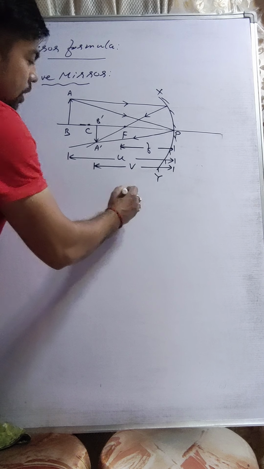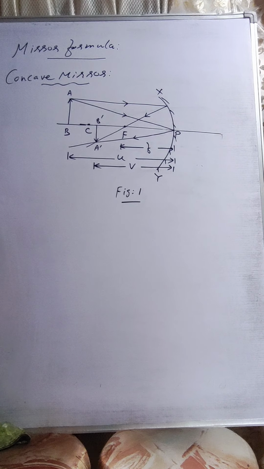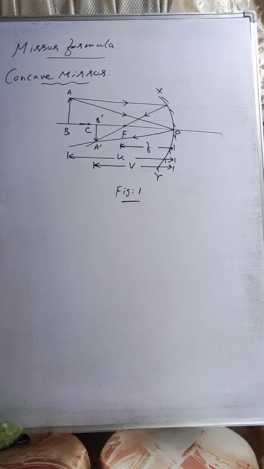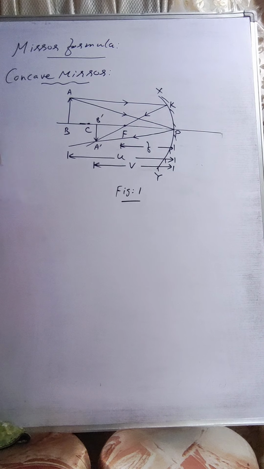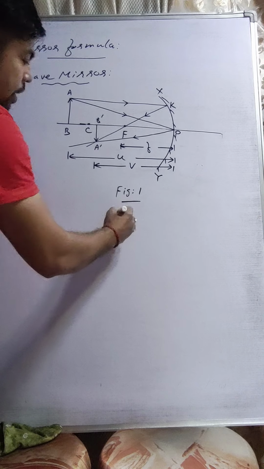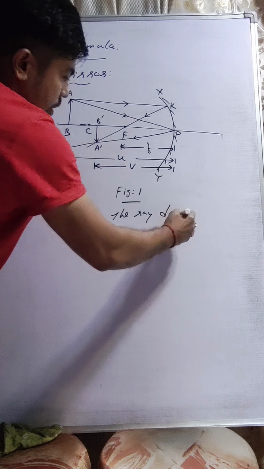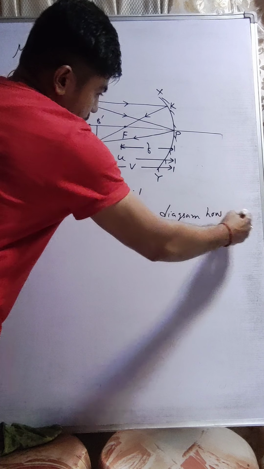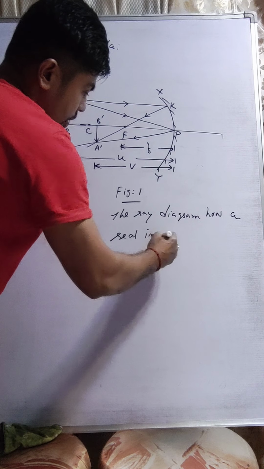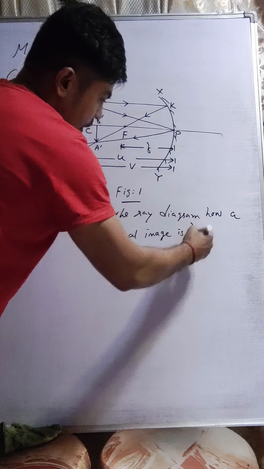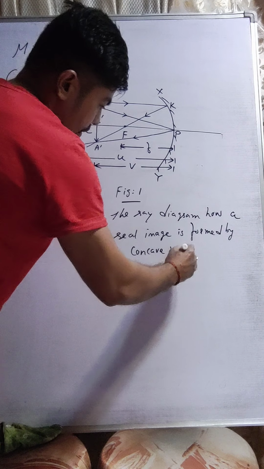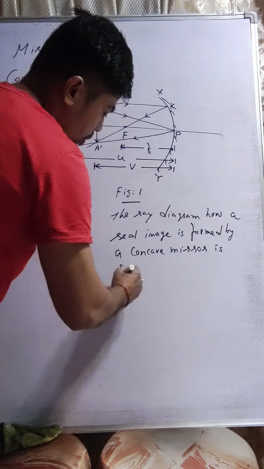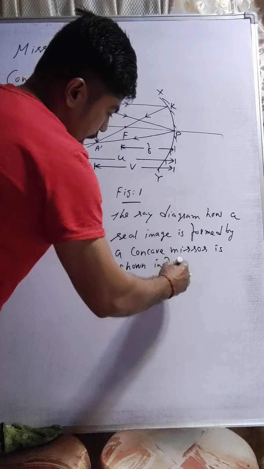Okay, let us suppose this is figure 1. This point is suppose K. Now, write a line: the ray diagram of how a real image is formed by a concave mirror is shown in figure 1.